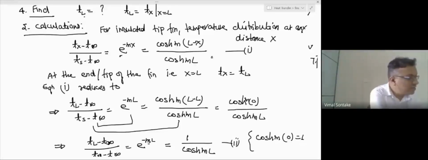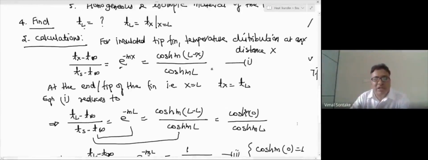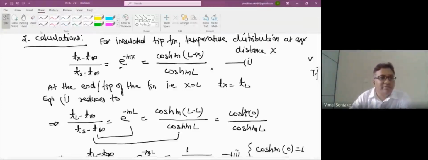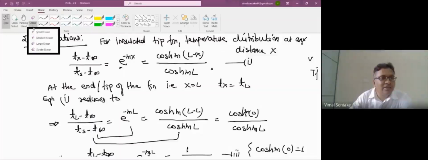Otherwise, it will form wrong concepts. So please, let us start from equation one itself. Gentlemen, please correct this formula. I have mistakenly written it wrong.